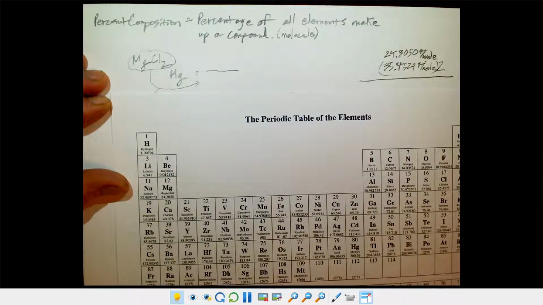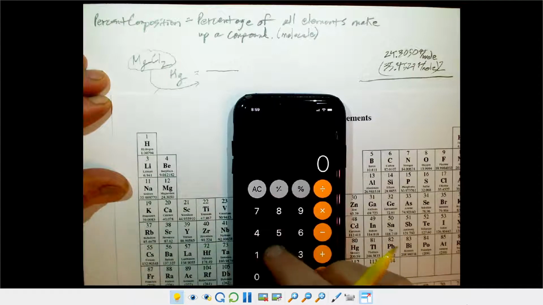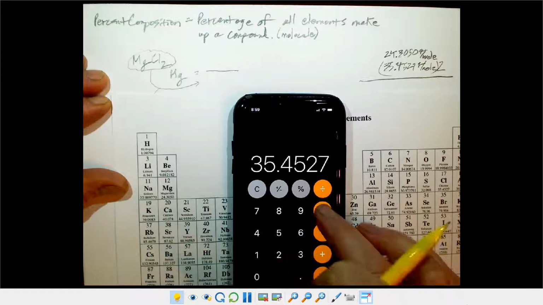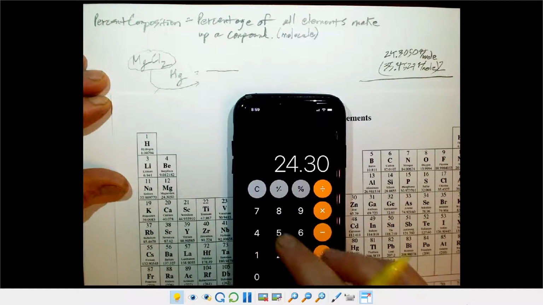And so let's go ahead and do that and see what we get. So if we take 24, actually we'll start with the other one. We'll take 35.4527, and we're going to multiply it by 2, and then we're going to go ahead and add it to the molar mass for the magnesium.